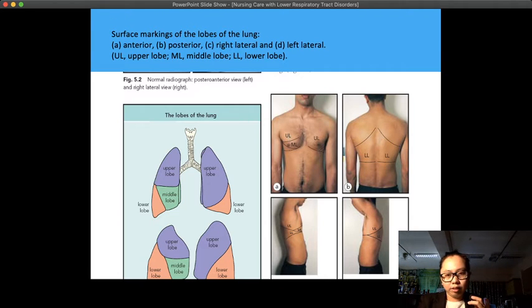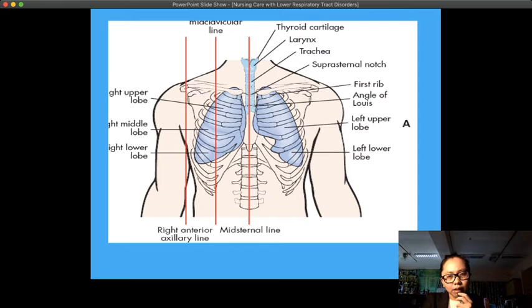All right, and then this one is the oblique fissure, right? And then mid clavicular line. Okay, so mid clavicular line, right? That's why when you are being asked what is a midclavicular line, you would understand that it is the vertical portion.